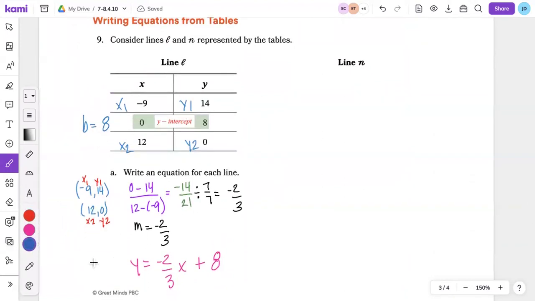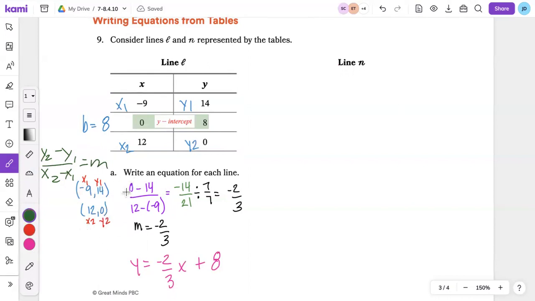Now to find your slope, you're going to use the equation, of course, y2 minus y1 over x2 minus x1. Let me write that down for you so you can remember it. y2 minus y1 over x2 minus x1. That gives you your slope. Here, Ms. Costin has picked out 2 points for us, -9, 14, and 12, 0.